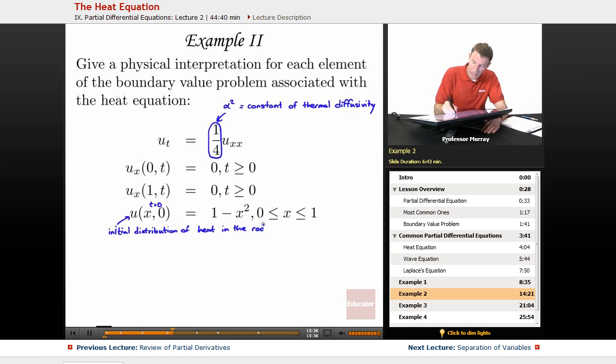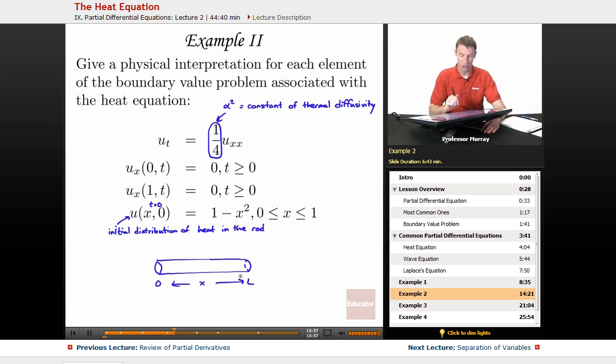So this is something that an experimenter would have to go through and measure the temperature at each place along the rod and tell you, the mathematician, what the temperature is at each position x, at time 0.